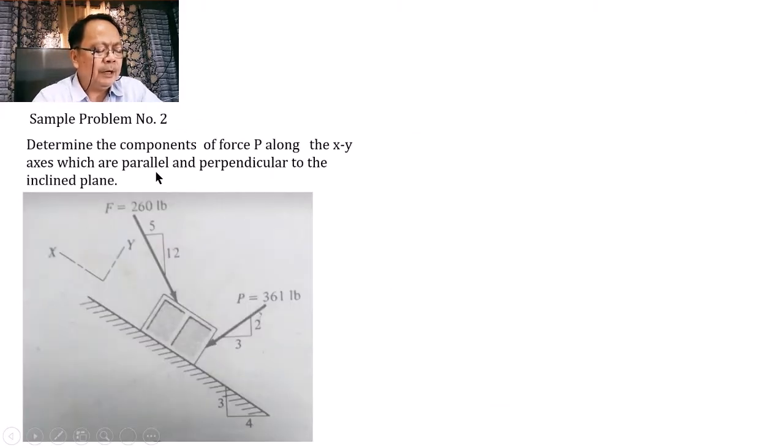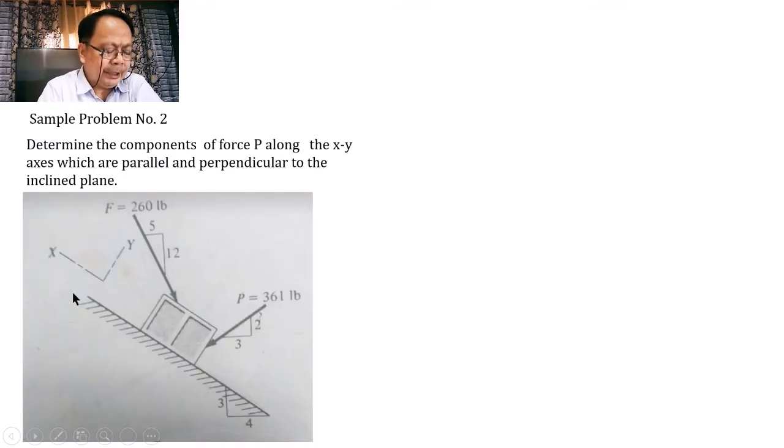Our second problem is when we have mutually perpendicular axes which are not necessarily the horizontal and vertical axes. So in this problem, we are required to determine the components of P along the x and y axis, which are parallel and perpendicular to the inclined plane.